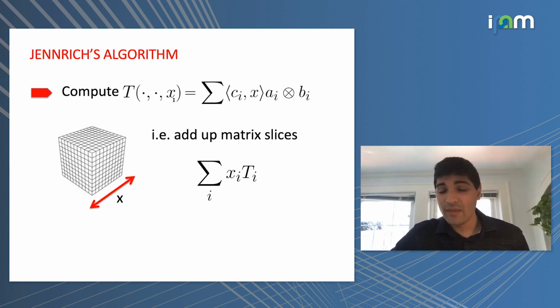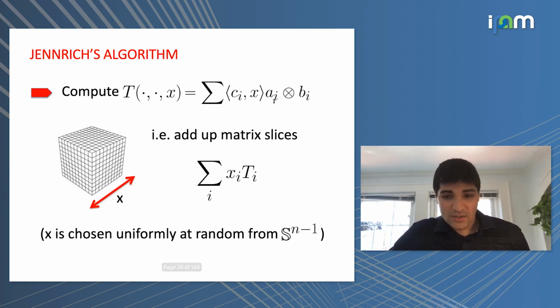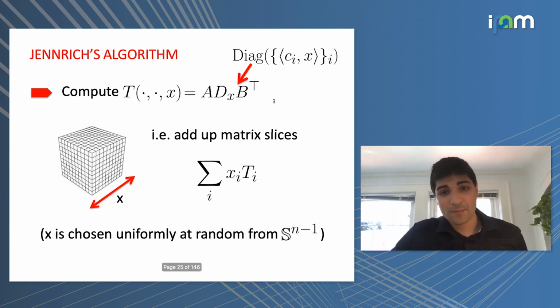But when I hit t with x, I get this particular matrix that I've written out so that it's very clear its rank is at most R. And under the conditions in Jennrich's algorithm, it will actually be rank R almost surely. So x here, as I mentioned, is chosen uniformly at random from the unit sphere, just for simplicity.